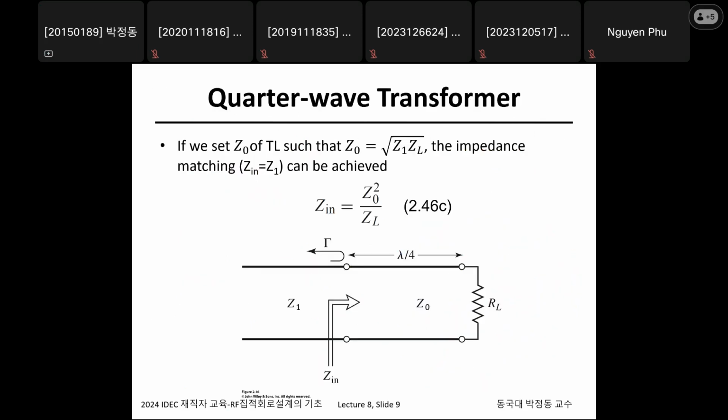And previously, we also talked about how to achieve a very simple transmission line based matching network by using a quarter wavelength transmission line. So quarter wavelength means length L is lambda over 4. Right? In this case, by using this equation, right?